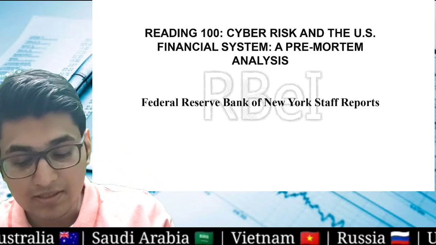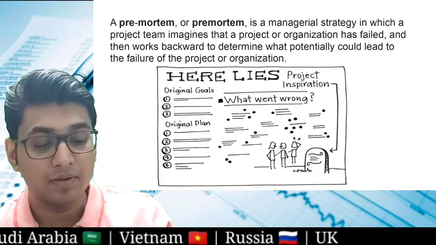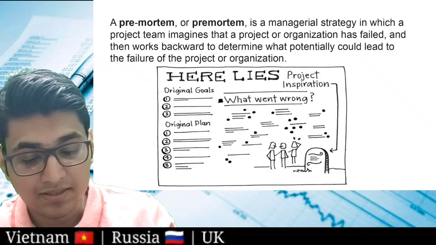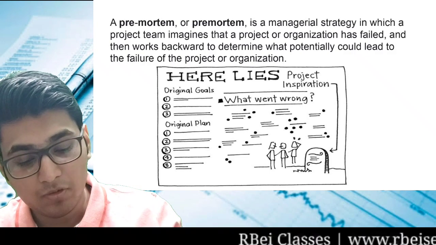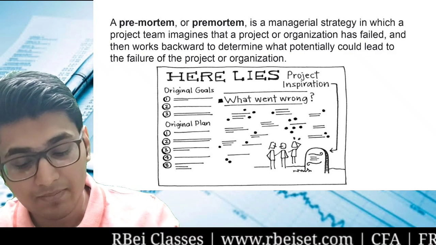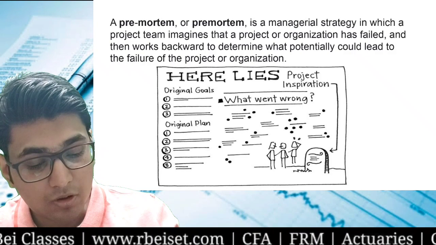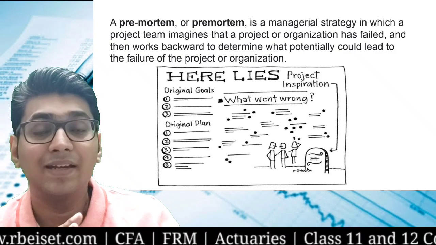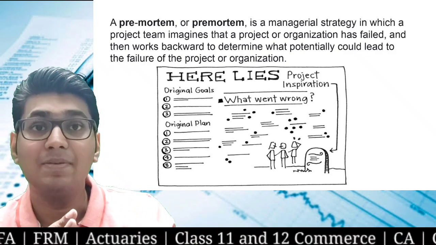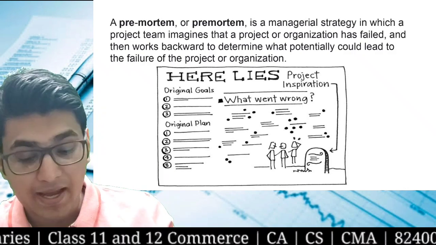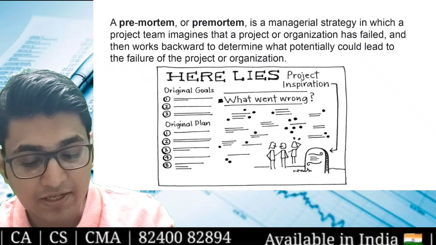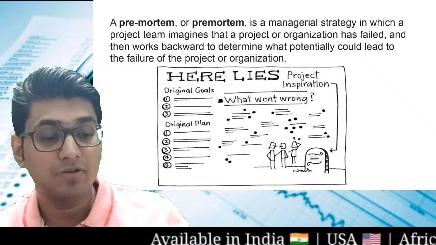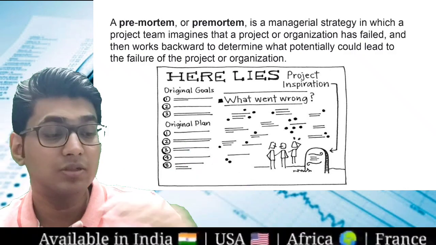It is basically a managerial strategy in which a project team imagines that a project or organization has failed. It has not really failed, but I assume that it failed, and then work backward to determine what potentially could lead to the failure of the project or organization. Try to understand, it's future thinking.